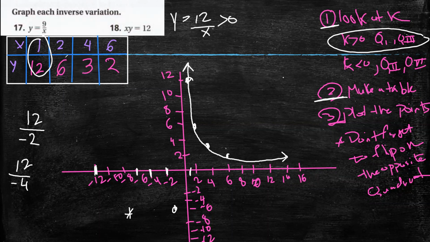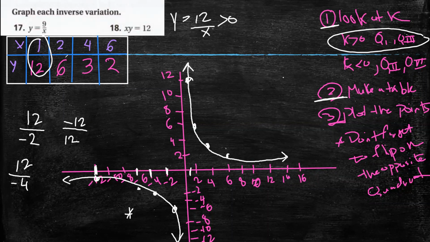Bravo. At point negative 6, it will be negative 2. At point negative 12, it will be negative 1. So then now, connect between the points.